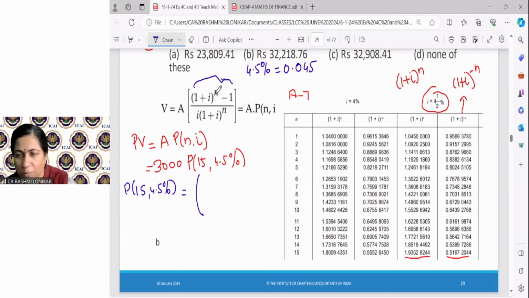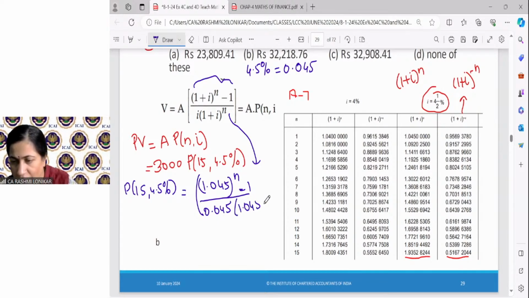So 1 plus 0.045 will be equal to 1.045 raised to n, minus 1, we are putting it over here, upon 0.045, denominator 0.045 into 1.045 raised to n. N is how much? 15. So 1.045 raised to 15. This is also raised to 15.